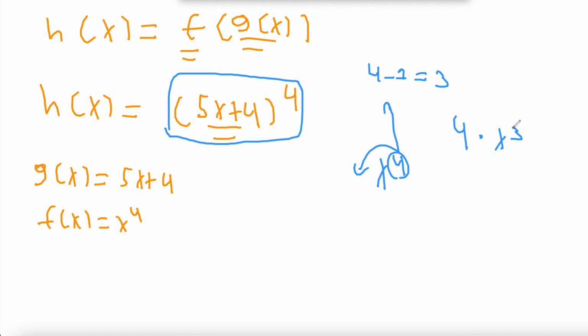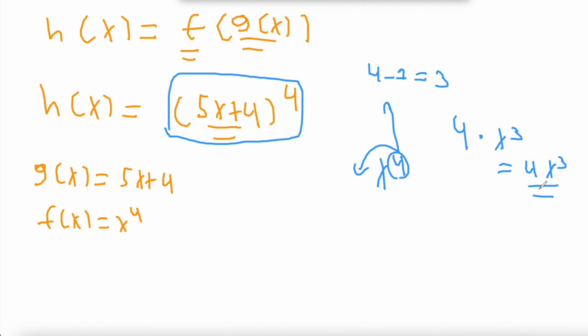So it's 4 times x cubed. That's our derivative of our f of x, or outer function.